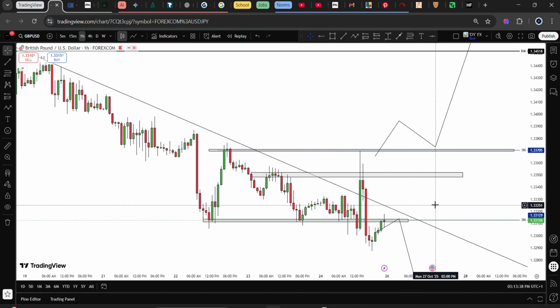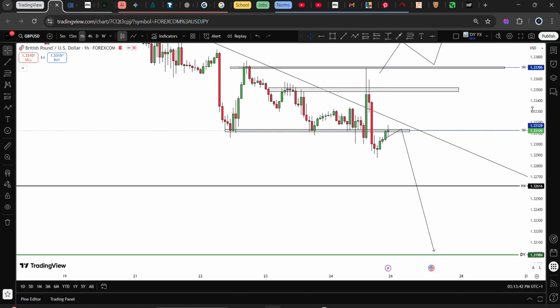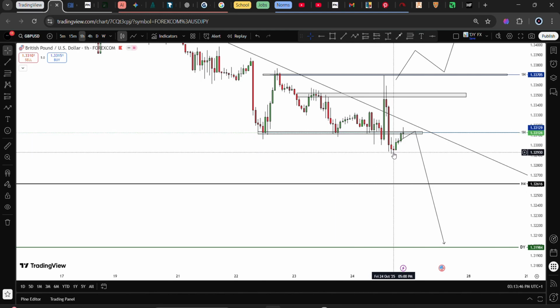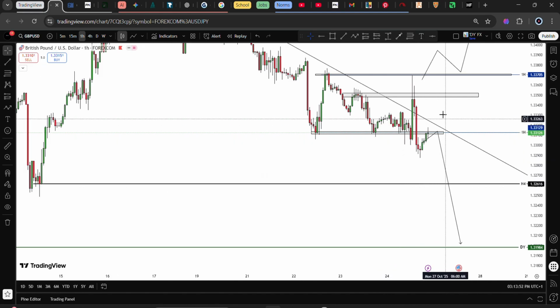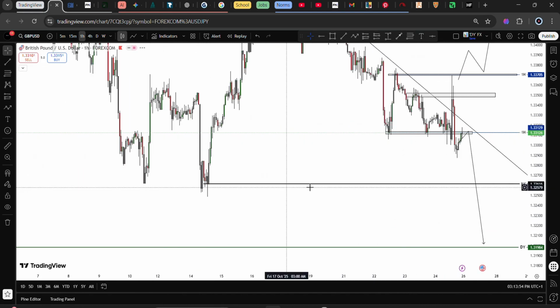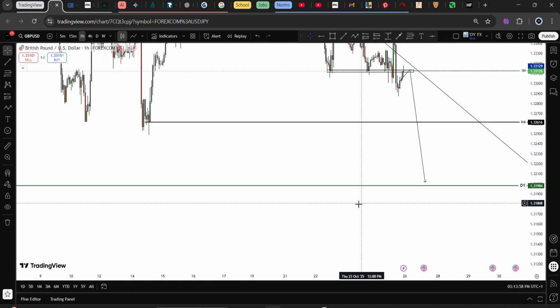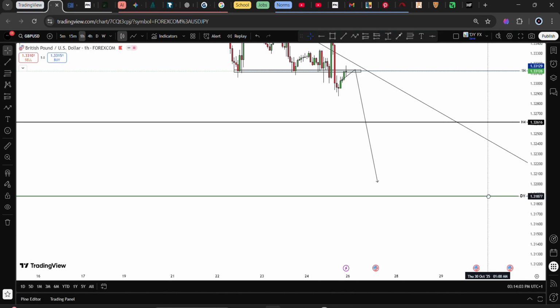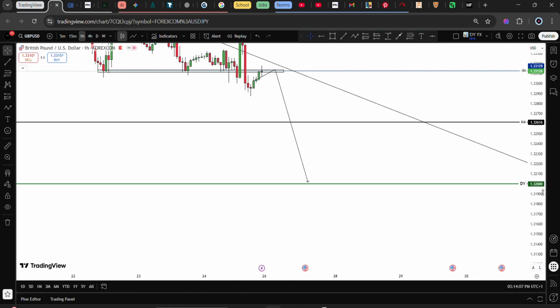But if I'm going to be selling the market, which is what I intend on doing this week, I would like to see the market pull back up a bit, maybe retesting the trend line level, giving me my confirmation. Then I will enter for a sell. This here will be my first target, which is at 1.32616, and then my overall target will be this zone here, which is very close to the psychological level, 1.3200.